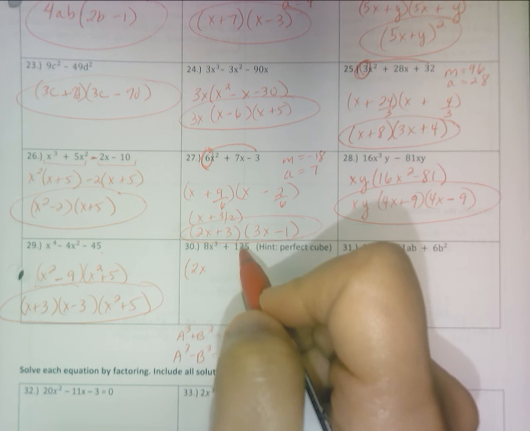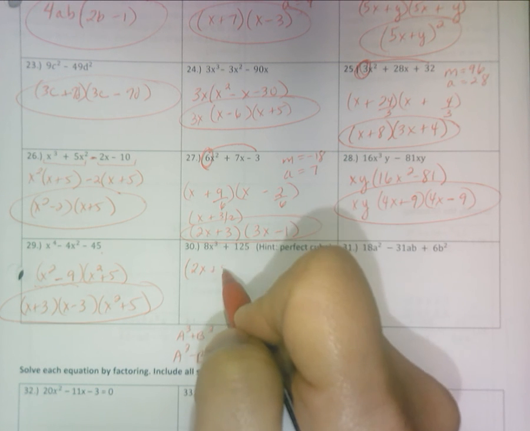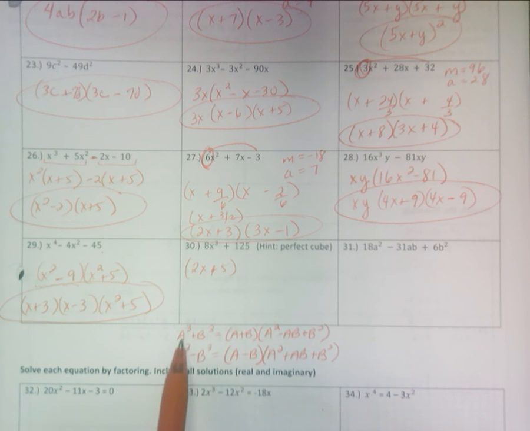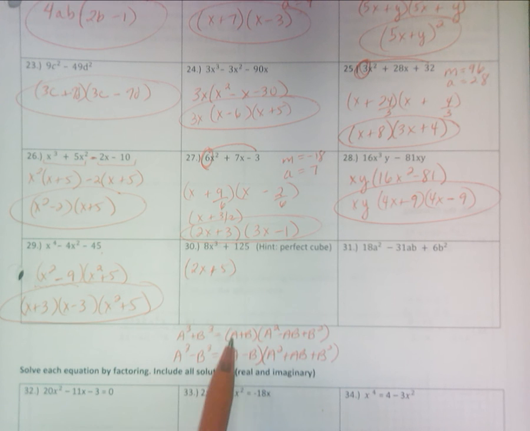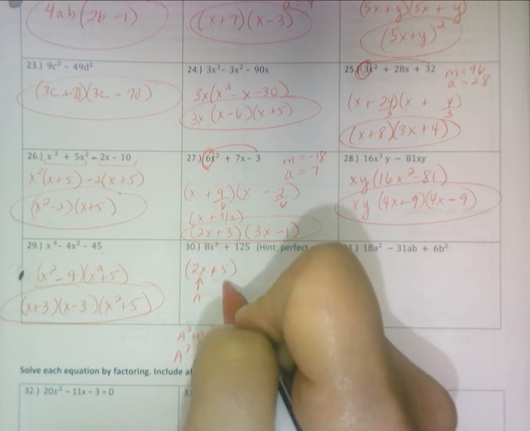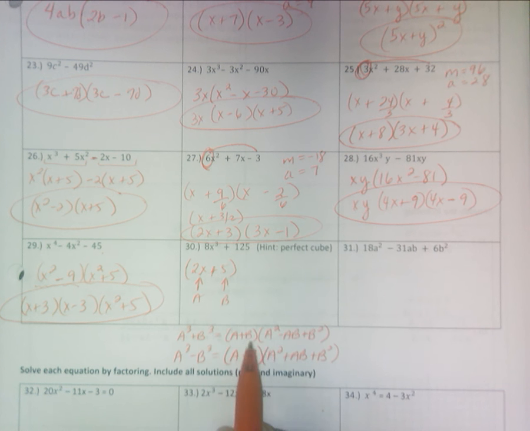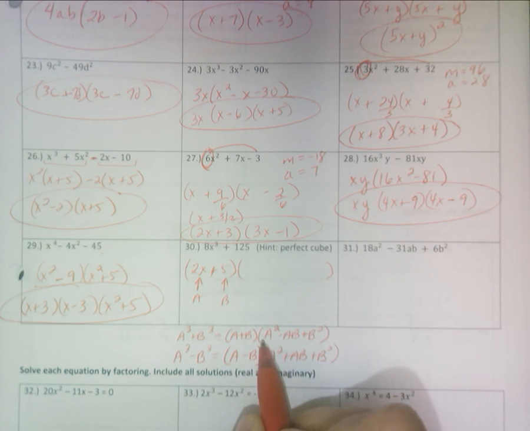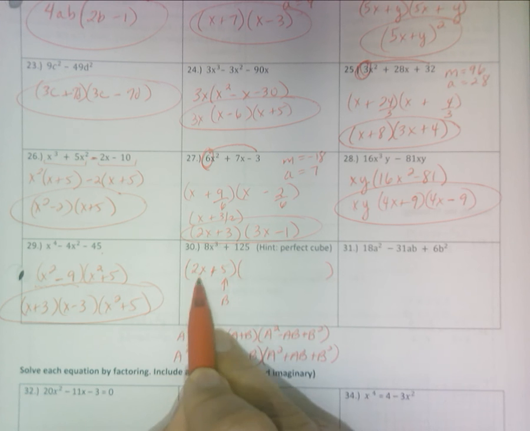What times itself again makes 125? Well, that's 5. So now we're going to follow this formula right here. This says if you have an a cubed plus b cubed, the first term is a plus b. There's my a, and that's my b. Those are the cube roots. Then you write a squared, so take 2x and square it.